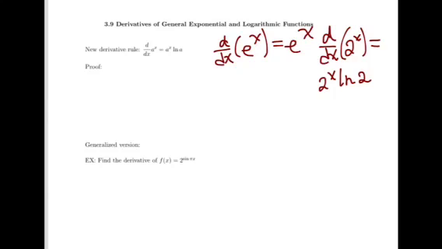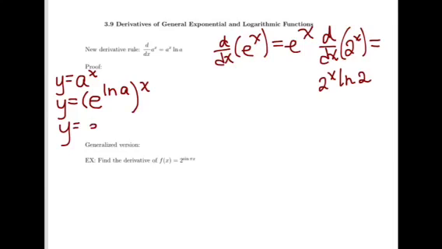You might be wondering where that comes from, and there's a few things you could do, but we'll use this. We'll prove it based on the fact that we know the derivative of e to the x. So a you can always rewrite as e to the ln of a, so a to the x is e to the ln of a, to the x. Because e to the ln of a is the same thing as a if you use your log rules and cancel the fact that those are inverse functions.